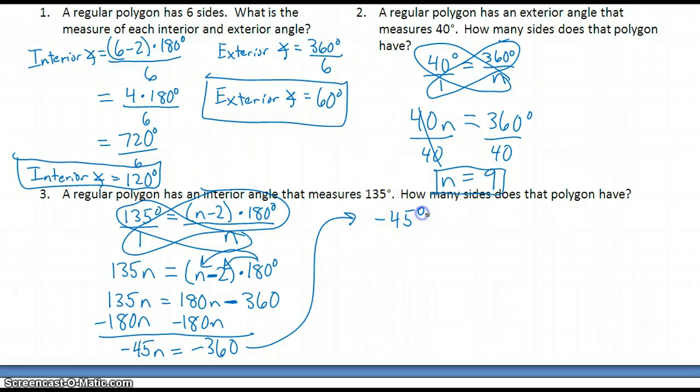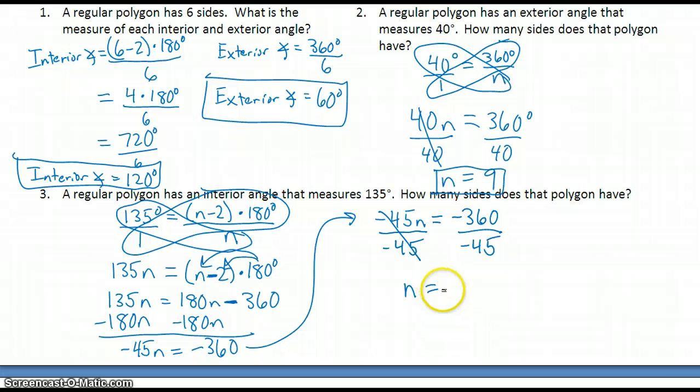I'm going to rewrite my equation so I have a little more room. Negative 45n equals negative 360. To solve for n, divide by negative 45. Negative 45 divided by negative 45 cancels.